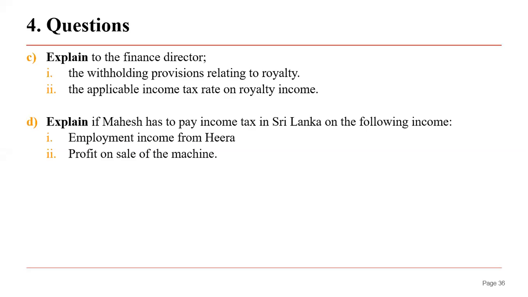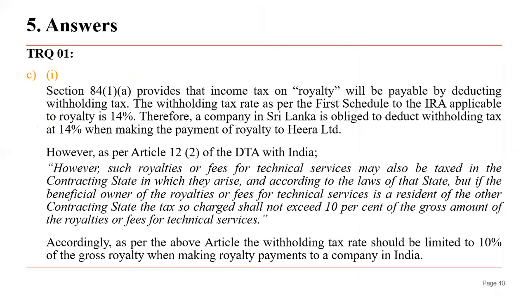First one is the withholding tax provision related to royalty. In the case of withholding tax related to royalty, how do you need to analyze? Section 84 provides that income tax on royalty will be payable. As per the Inland Revenue Act, section 84.1, it is 14%.